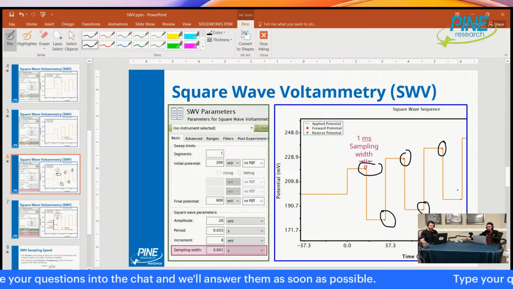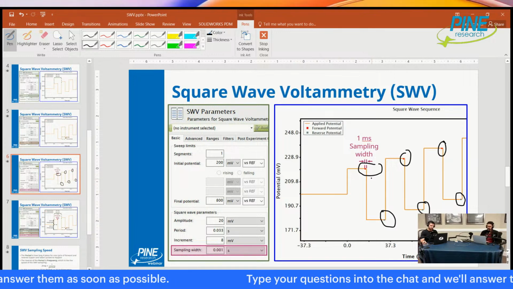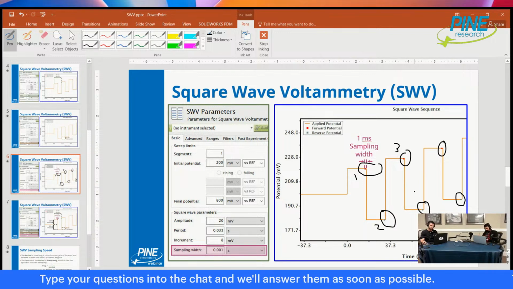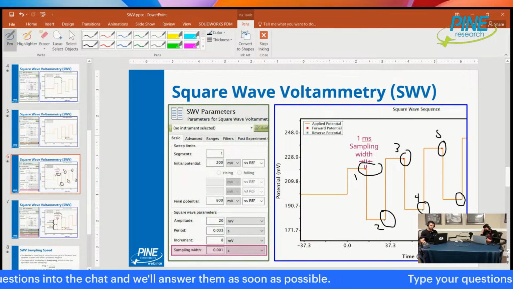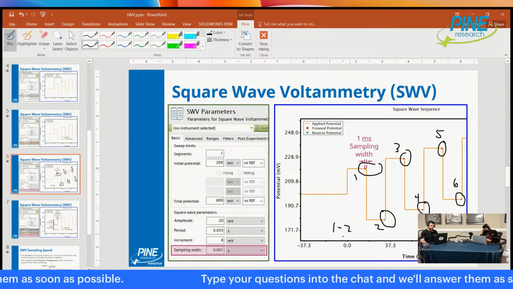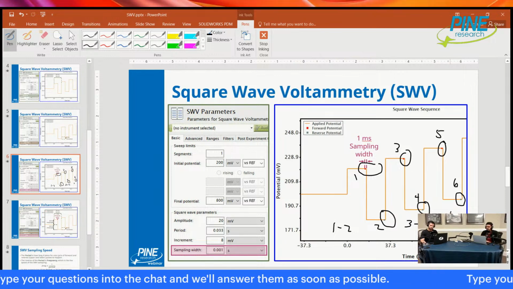This is actually technically a differential technique. And so what I'm doing is, let's say this is point 1, 2, 3, 4, 5, and 6. What I'm actually getting is 1 minus 2, and then 3 minus 4, 5 minus 6.